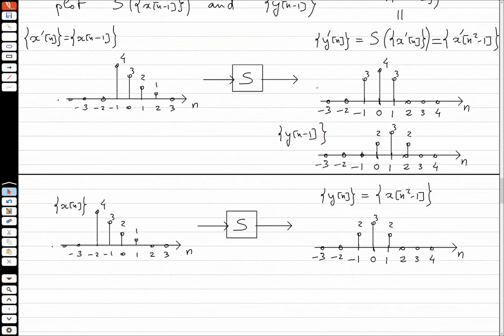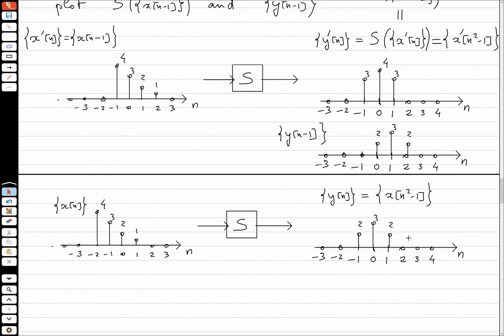What did we do here? We shifted this to the right by 1, right? And then the wrong formula claims that if you shift this by 1 to the right, then the output is the same shifted by 1 to the right.